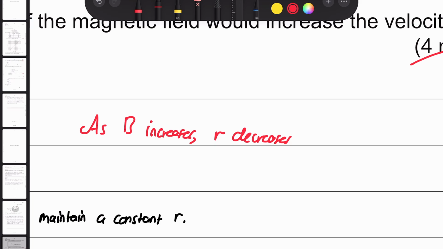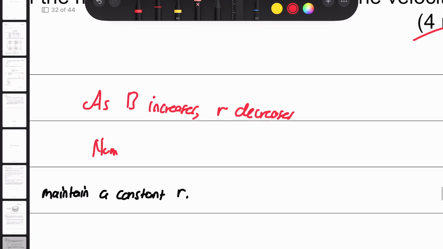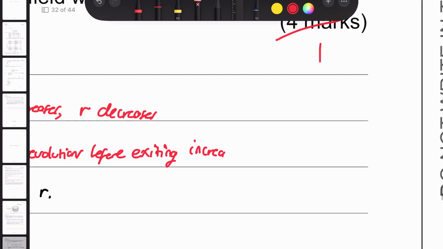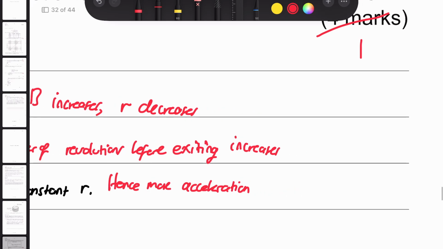So then R decreases. So then the number of revolutions before exiting increases. Hence, more acceleration from passing between these.